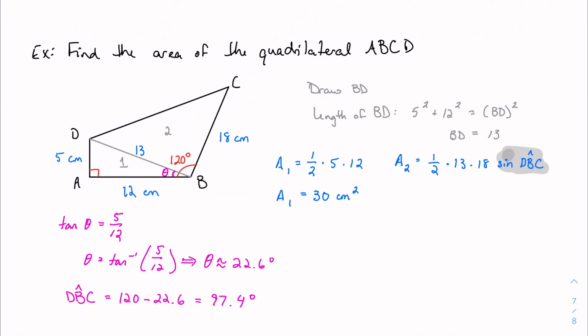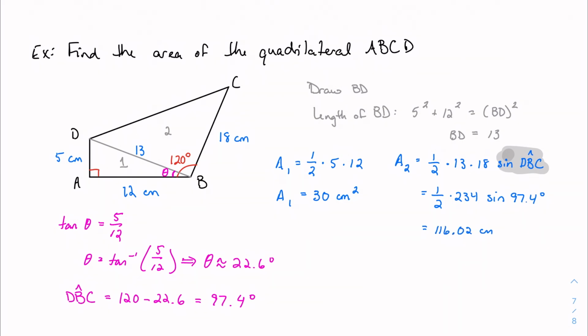So my calculation just becomes 1/2 times 13 times 18, which is 234, times sine 97.4 degrees. I get an area of triangle 2 to be 116.02.